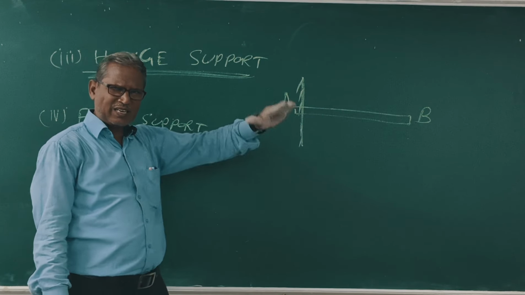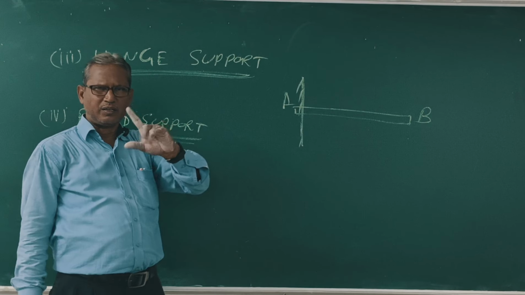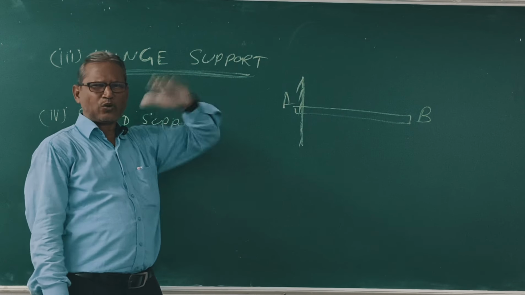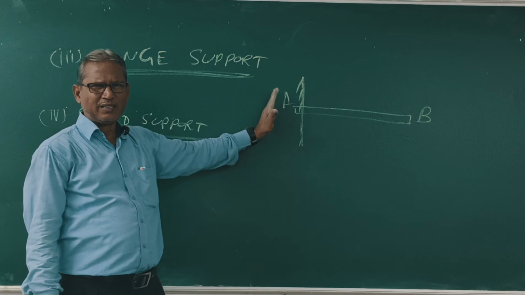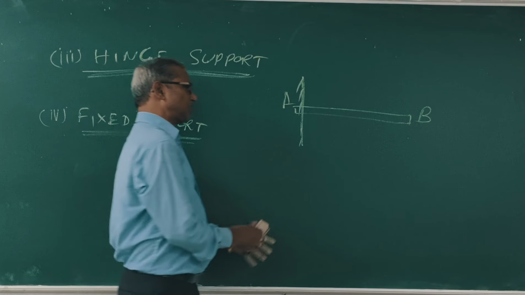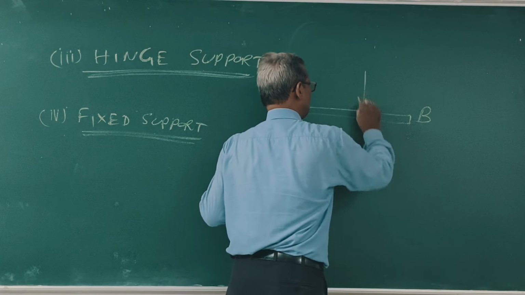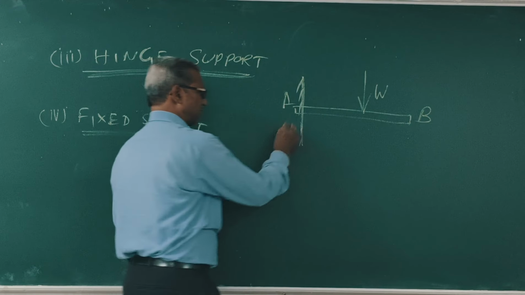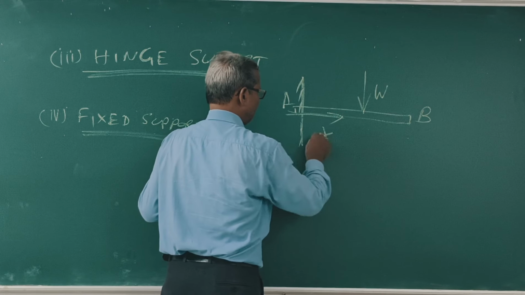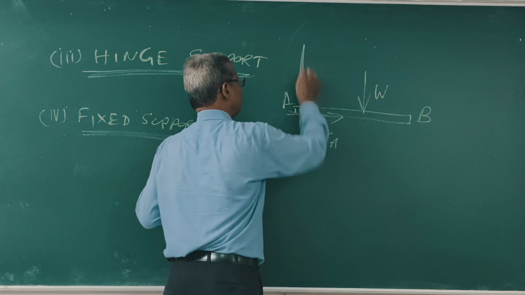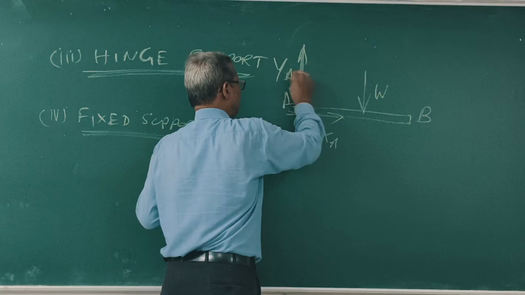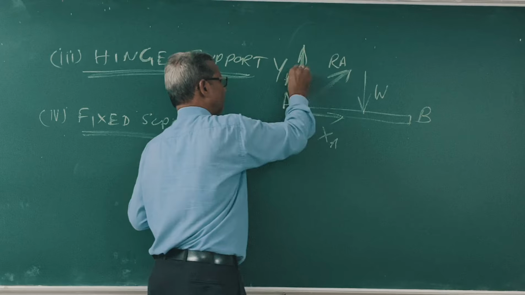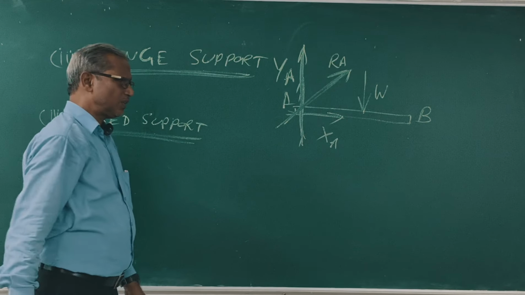It can neither translate nor rotate. It cannot move along x-axis and it cannot rotate. Suppose this is load W. These are two reactions, XA and YA. That means the resultant RA is inclined. Clear?